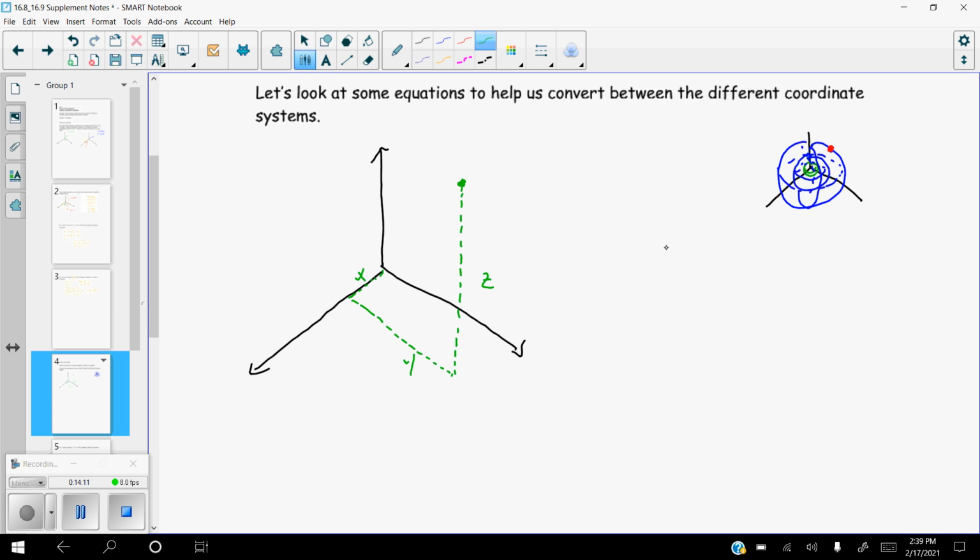How do we find the values of that sphere? From the origin, or from the pole, I can still create a radius, and that radius still has an angle which is made from the positive x-axis, and we'll call that theta.